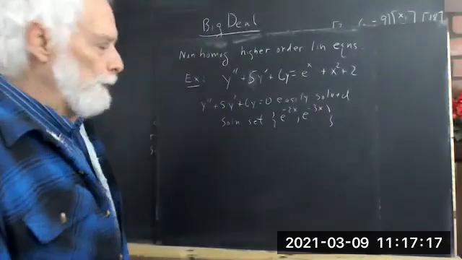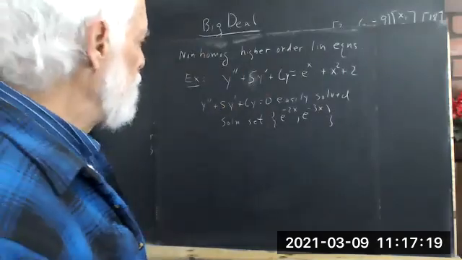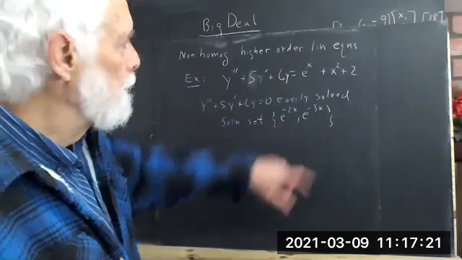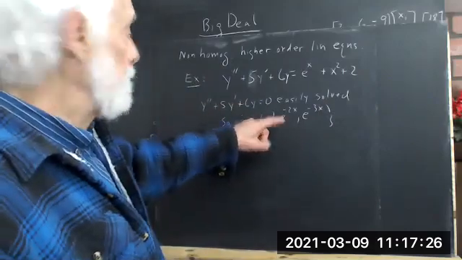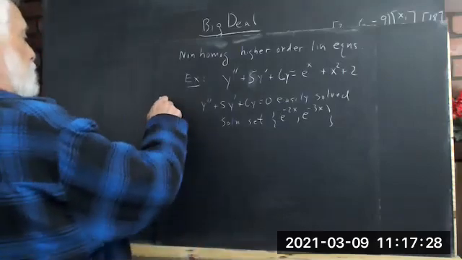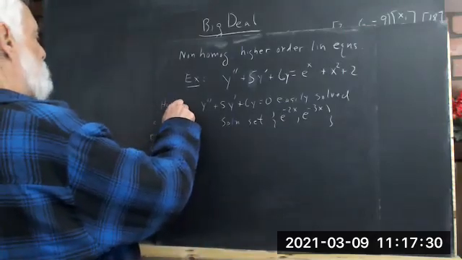And you pretty much do that one in your head, but if you've got to write it out, that's okay. So we have this solution set. Now, this is the homogeneous equation.